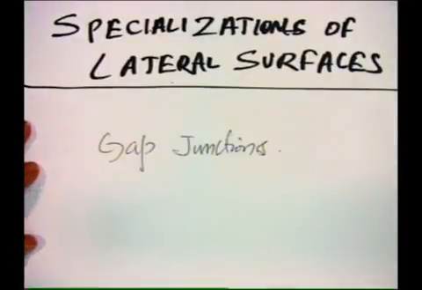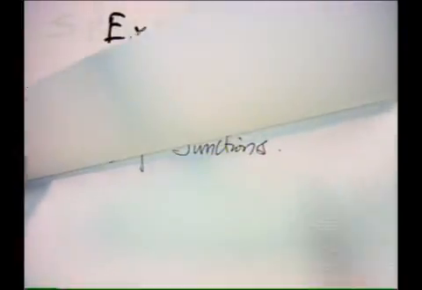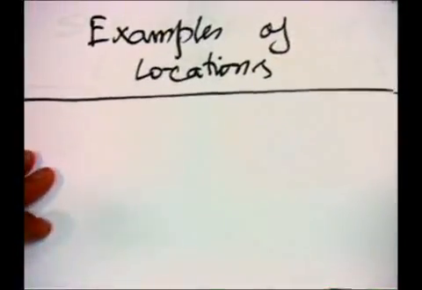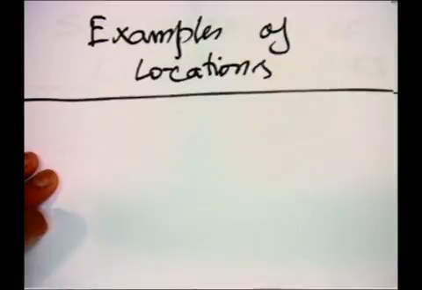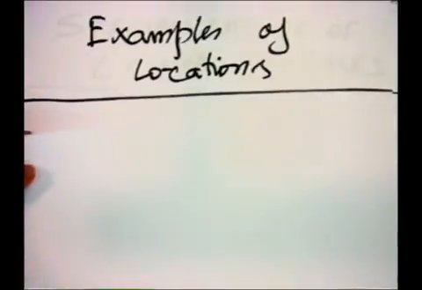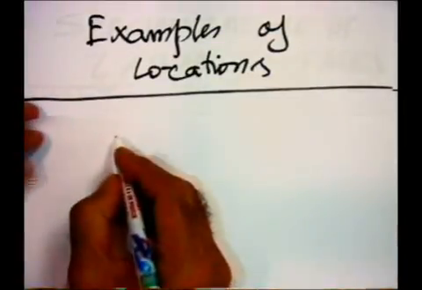And the next one is the examples of locations. Okay, where do you find the examples of locations? Where do you find these cells in the tissue, in the body?